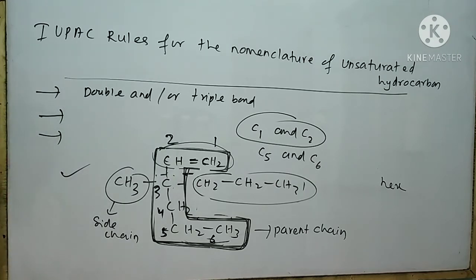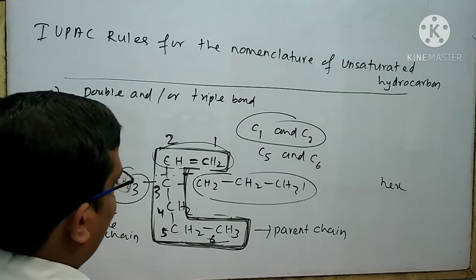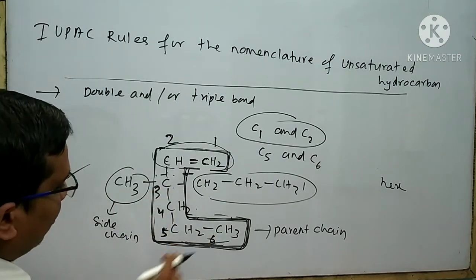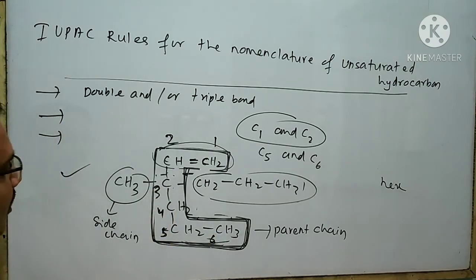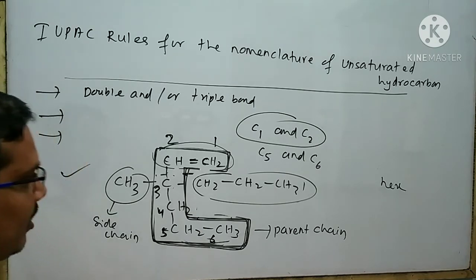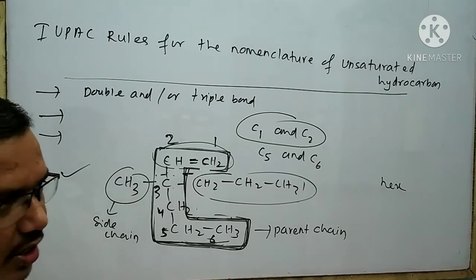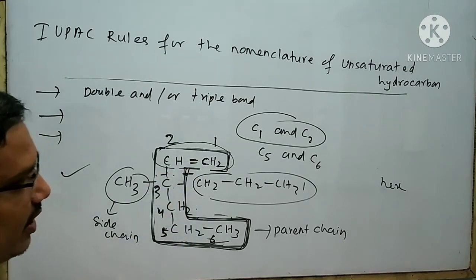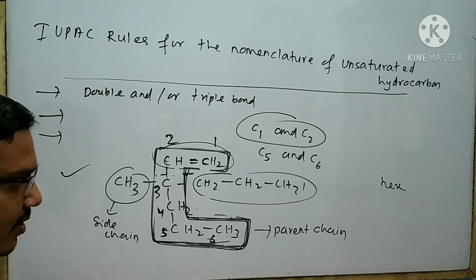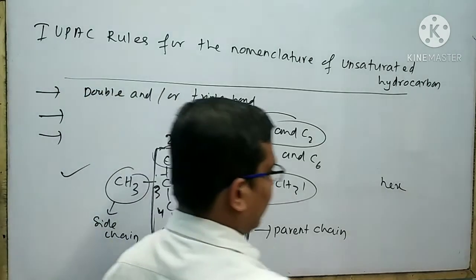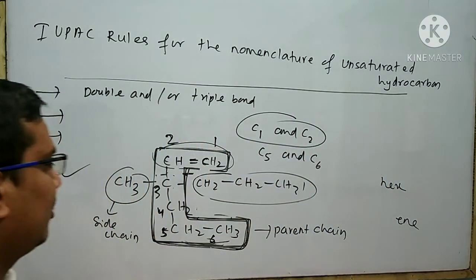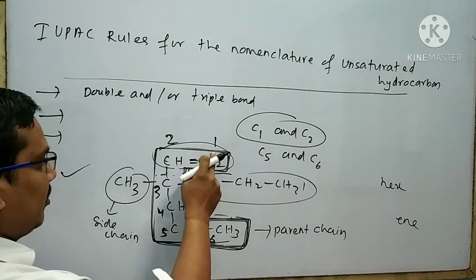According to the rule, it is bound to write the primary suffix ene. Don't think about the other carbon atoms which carry single bonds. Remember an important point, if at least one double bond is present in the chain, then it follows the primary suffix ene. So it is bound to write here ene.